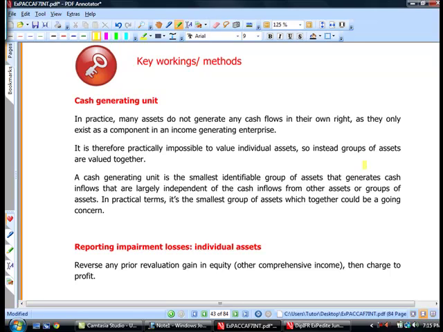The cash generating unit is the smallest identifiable group of assets which can generate cash inflows that are largely independent of the cash inflows from other assets or groups of assets. So in short, it is the smallest group of assets which together is seen as a going concern.